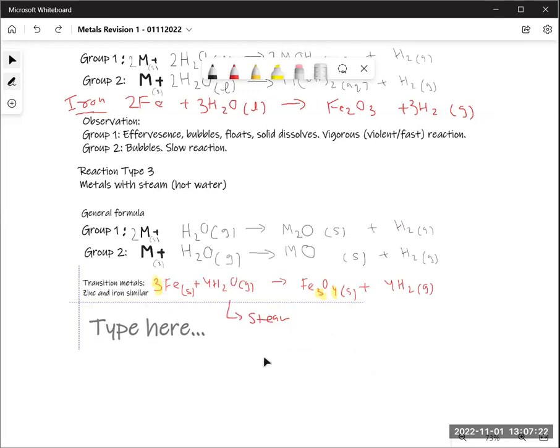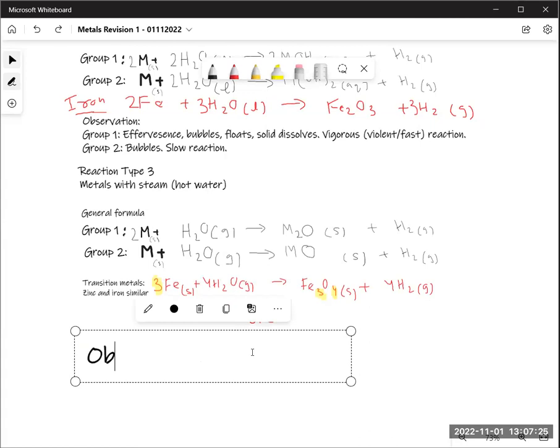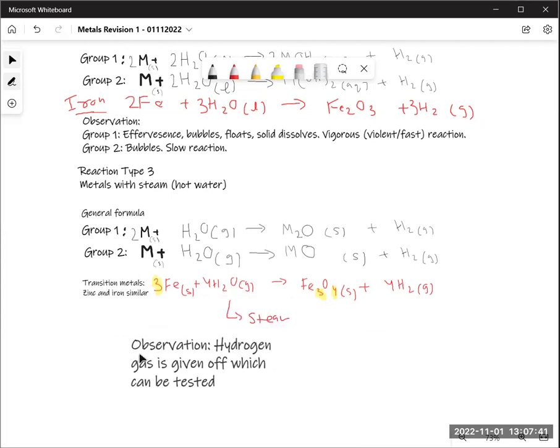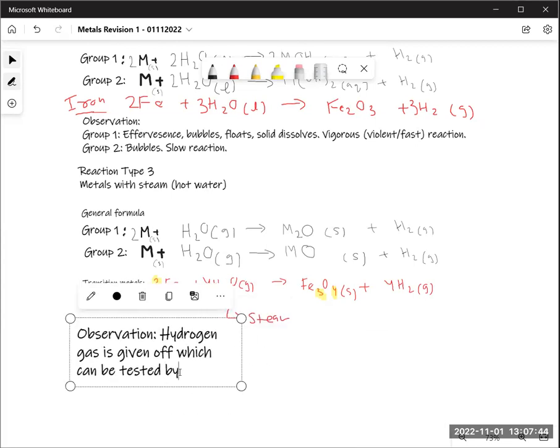The observation is hydrogen gas given off, which can be tested by a lighted splint pop test, burning splinter, which pops.